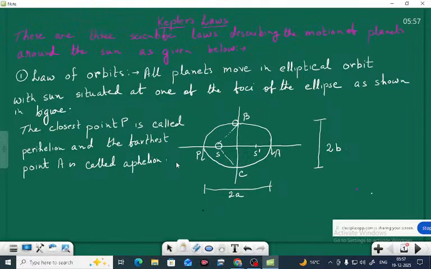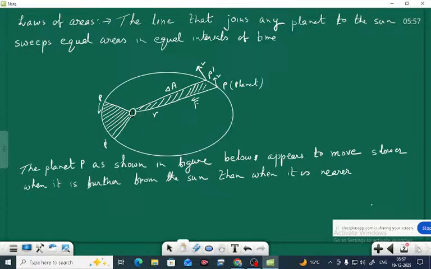The area swept out by the planet. Now we will find the daily area. We see how we want to find the area.